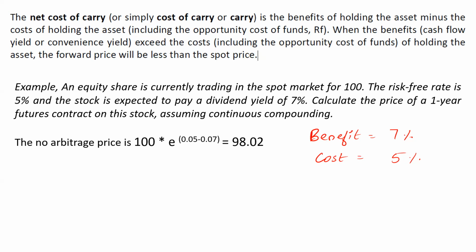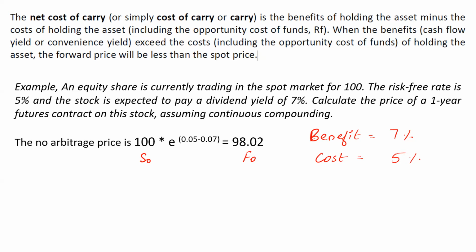When we are calculating the price of a 1-year futures contract on this stock, and we assume continuous compounding, we can get the no arbitrage price as S0, which is 100, multiplied by e raised to (0.05 minus 0.07), which is 98.02. So this is your no arbitrage forward price.